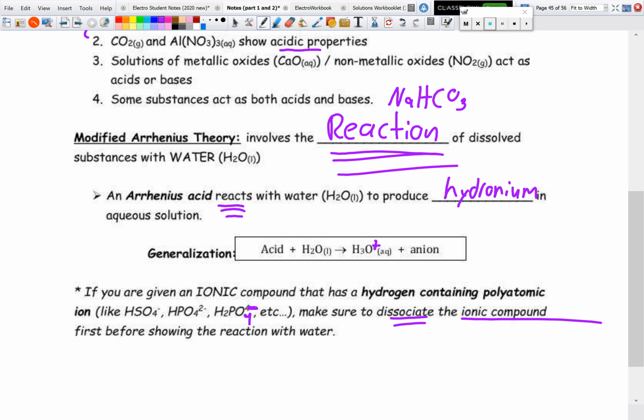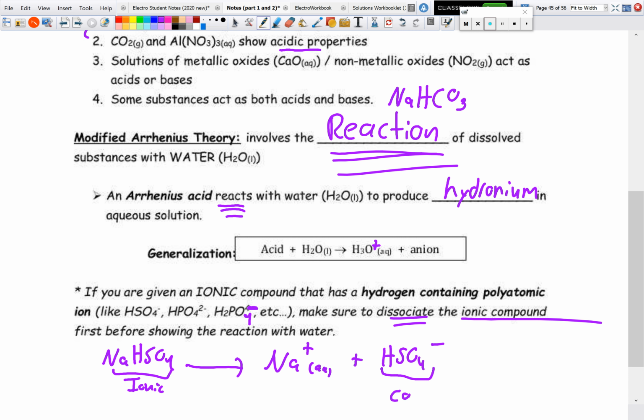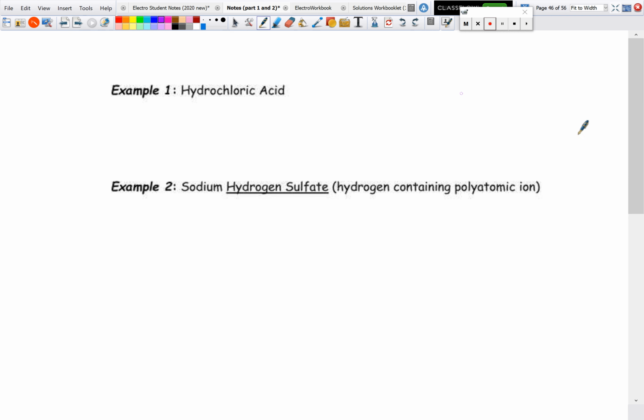So for example, if you do have something like NaHSO4, because this is ionic, it's going to dissociate first into Na+ and then HSO4-, and now this can react with H2O. So basically, if you do have a polyatomic that's hidden within an ionic compound, dissociate it first so it turns into a two-step thing, which we're going to get into when we use our modified Arrhenius theory to predict reactions, or justify reactions, not really predict.